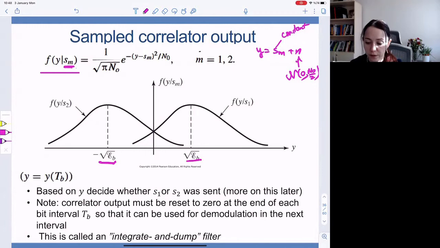So if S1 is sent, y is equal to S1 plus n.